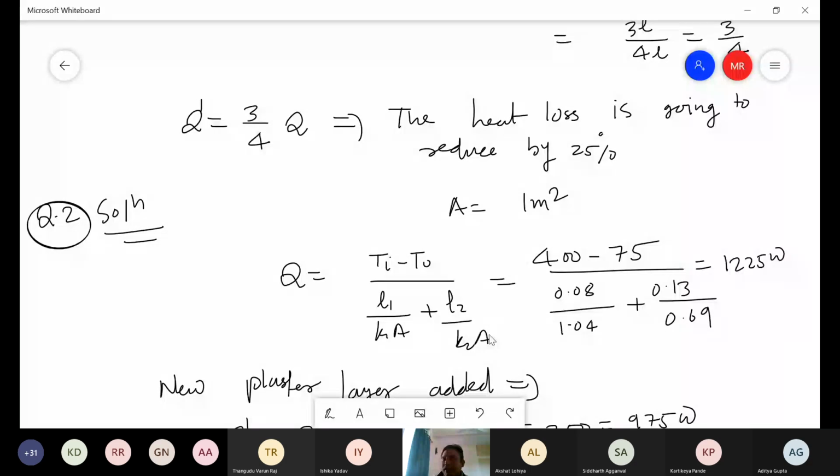Again, we can put all the values. Ti is 400, outer temperature is 75. So 400 minus 75 divided by L1, which is 8 centimeters, so that becomes 0.08 divided by K1A. Here the thermal conductivity of the fire brick is 1.04. And again, the area we have assumed to be 1 meter square, so unit area we have assumed.